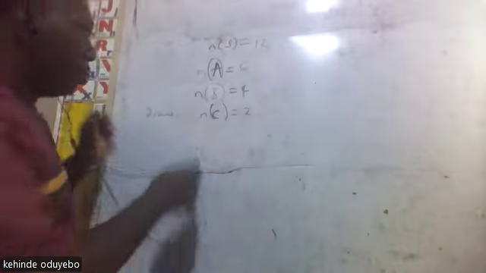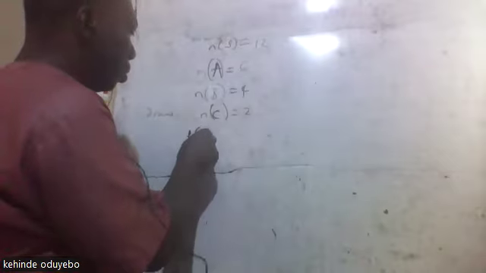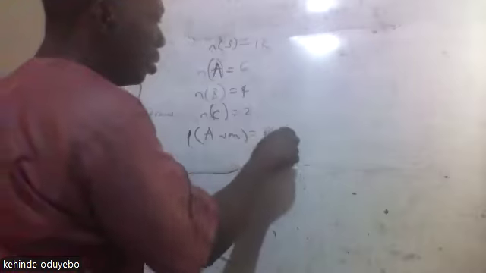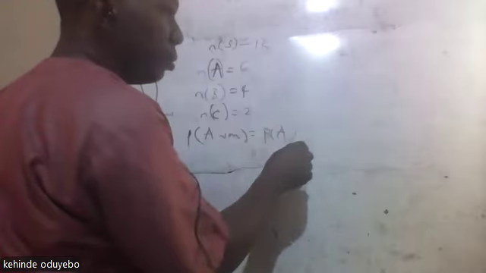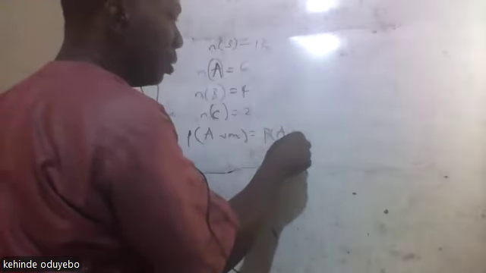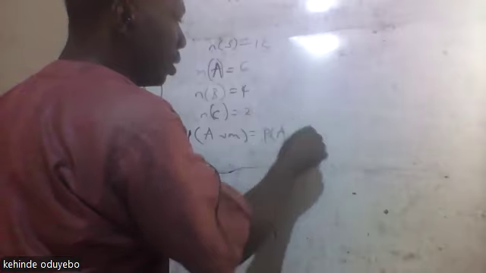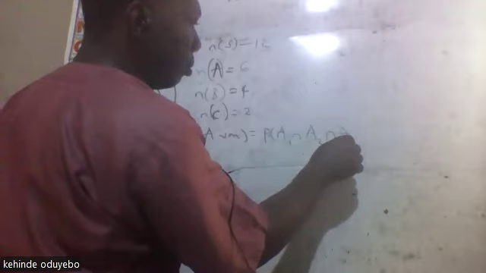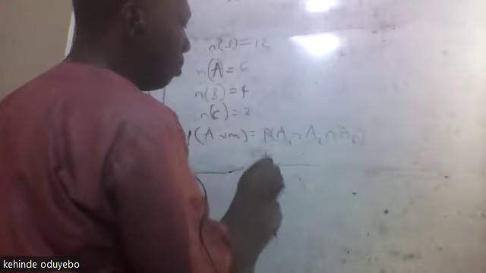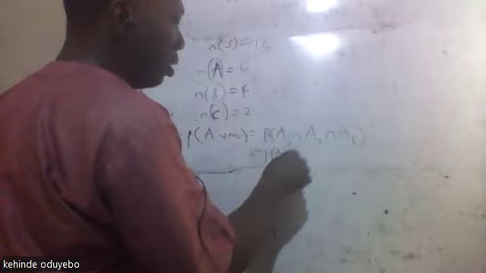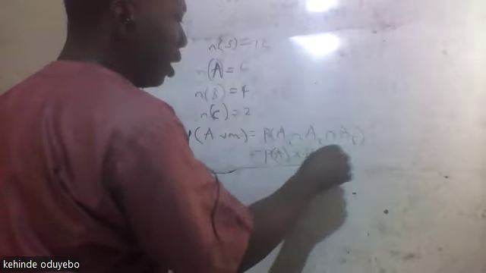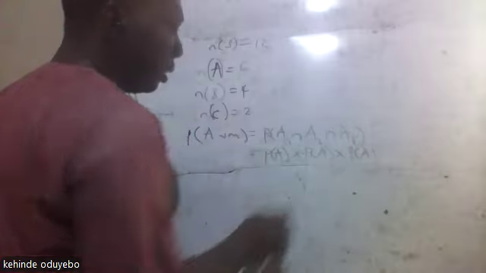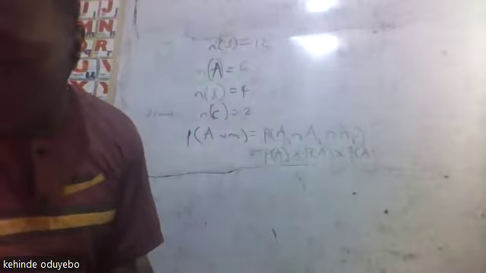So the probability is: A won the first game, and A won the second game, and A won the third game. So in probability, this is the probability of A times the probability of A times the probability of A, and "and" means I have to multiply.